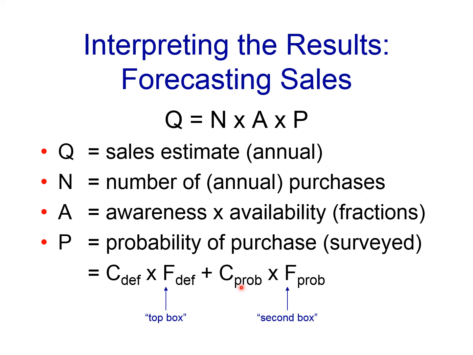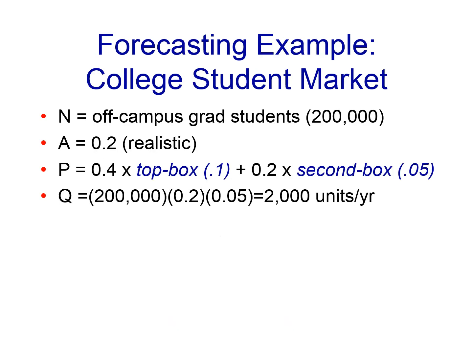Generally, C def is between 0.1 and 0.5, and C prob is between 0 and 0.25. Absent prior history, many product development teams use values of C def equals 0.4 and C prob equals 0.2. This is a numerical example showing an application of the equation Q equal N times A times P, performed for the college student market.